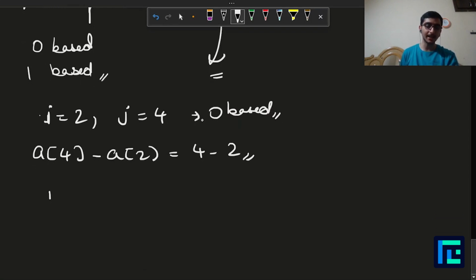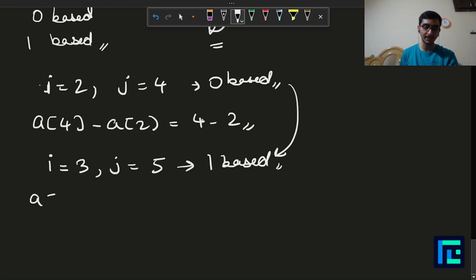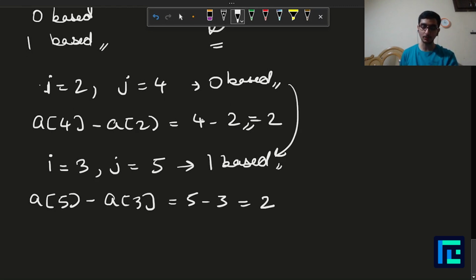Now let's say I write them in one based. So i would be 3 and j would be 5, right? And this is one based. Nothing else changes, I just converted zero based into one based. So my equation would look something like A of 5 minus A of 3 equals 5 minus 3. Now this value is equal to 2 and this value is also equal to 2.